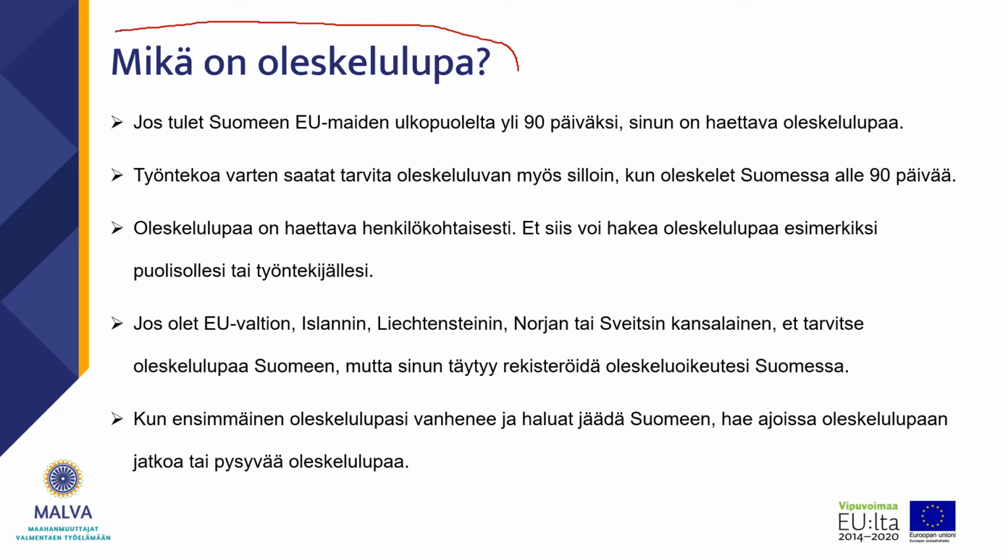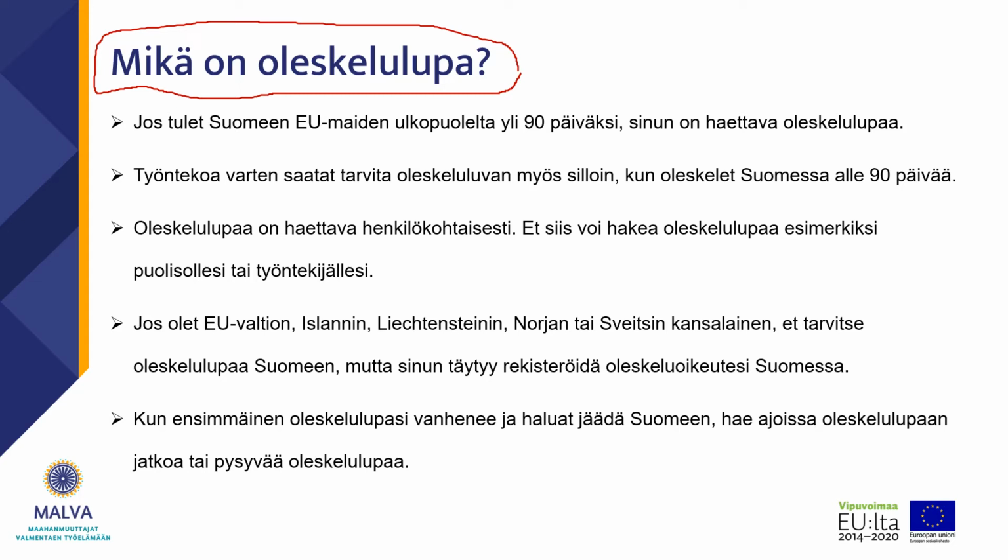Quickly moving forward towards our topic, this slide explains what a residence permit actually is. For example, if you are coming to Finland from outside the European Union for more than 90 days, you must apply for a residence permit.